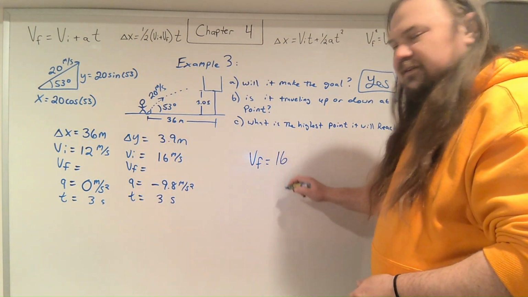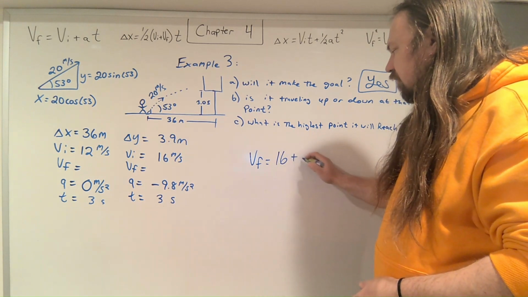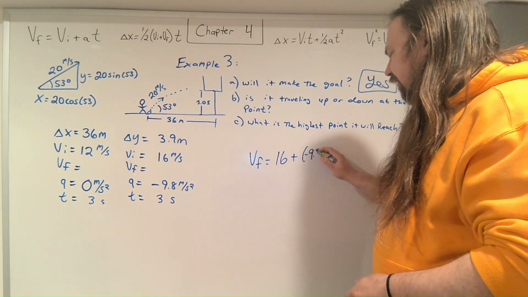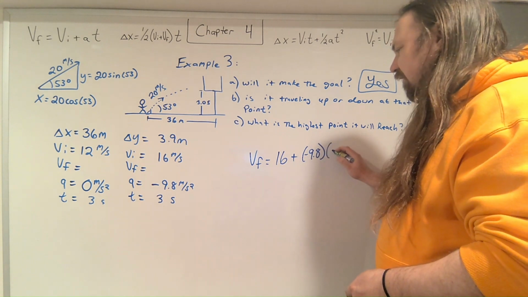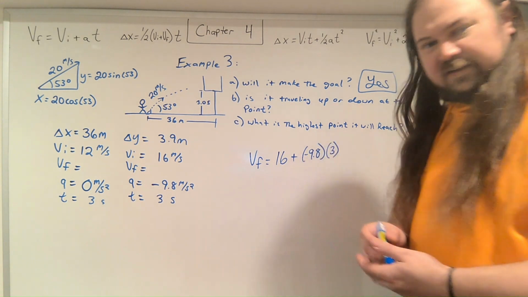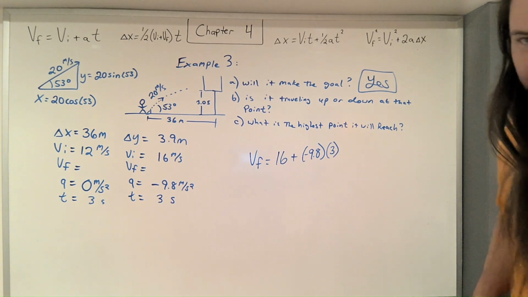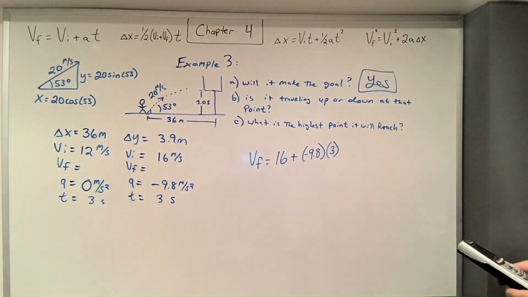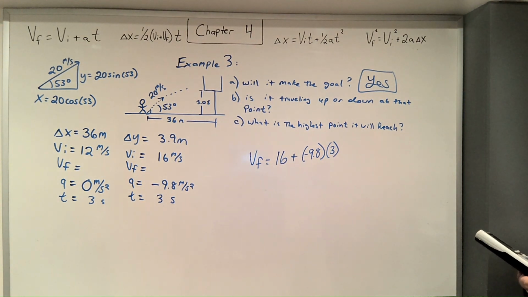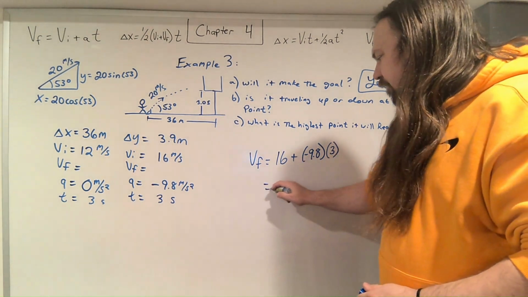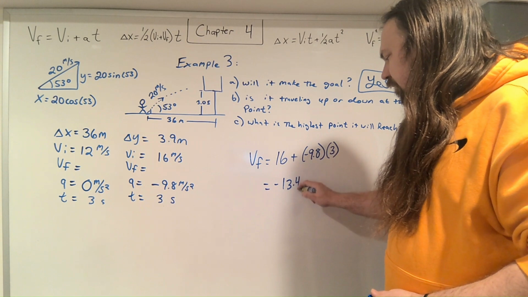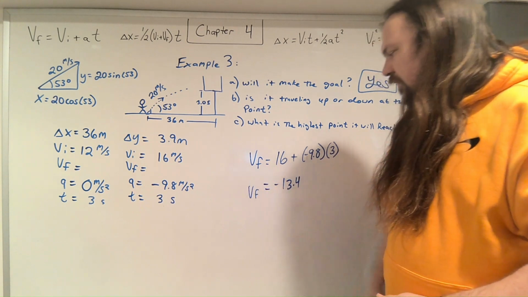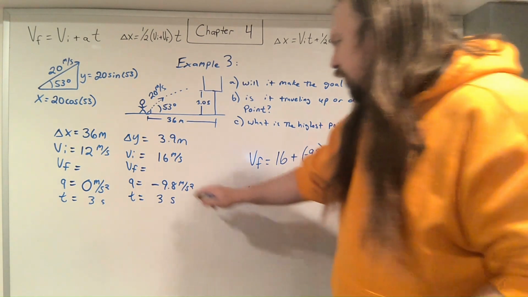The initial velocity was 16 plus our acceleration, negative 9.8, and the time was 3 seconds. Now all you have to do is plug that into a calculator. 16 plus a negative 9.8 times 3 gives us negative 13.4. VF gives us a negative 13.4.